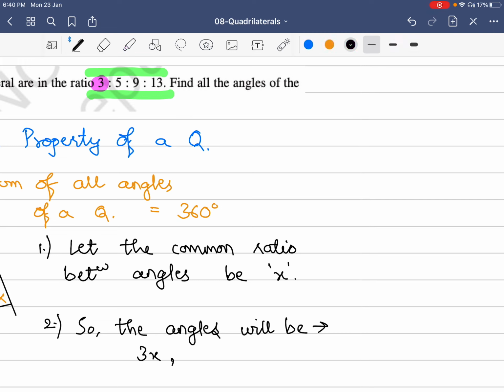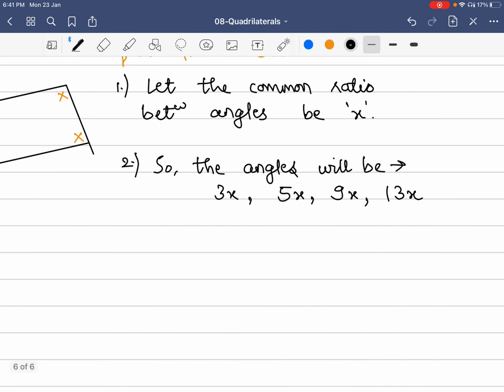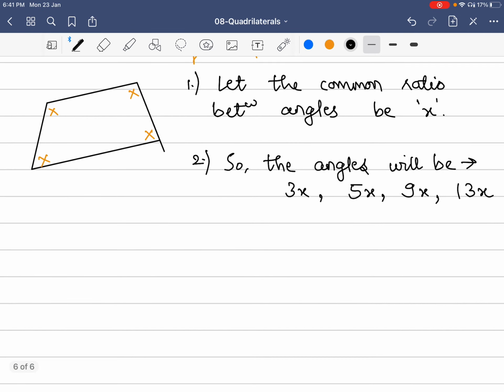Then next I have 5, so the angle will be 5x, and then next I have 9, so the angle will be 9x, and last but not the least we have 13, so it's going to be 13x. So these will be the angles of a quadrilateral. So let's say this is our quadrilateral, then the angles are 3x, 5x, 9x, 13x.